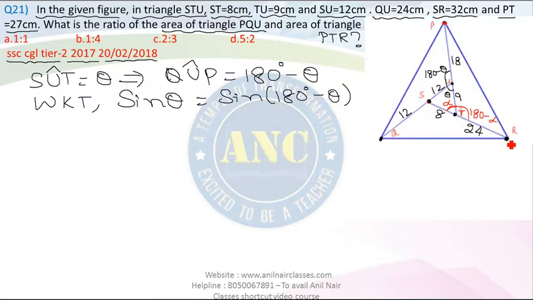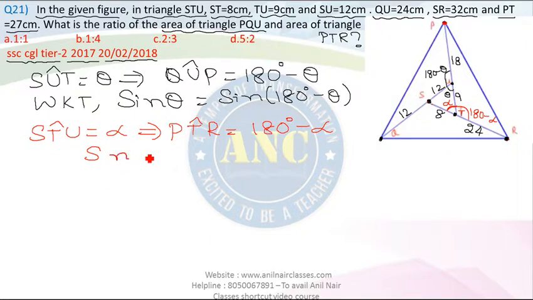So this is a straight line SR, total angle should be 180, so the other one should be 180 minus alpha. Or let me write it for you. If angle STU is equal to alpha, then angle PTR will be 180 minus alpha, because SR is a straight line, and the angle on a straight line should be 180. I can also say once again that sin alpha will be equal to sin of 180 minus alpha.